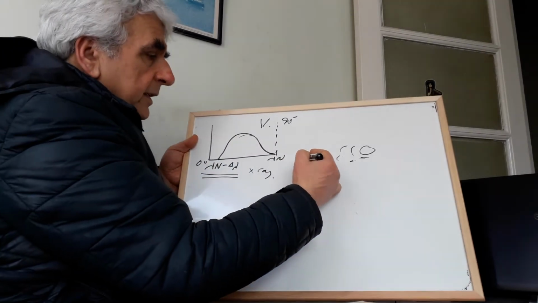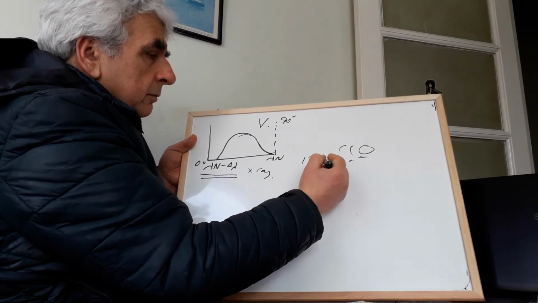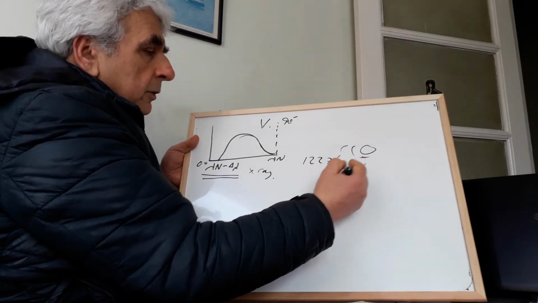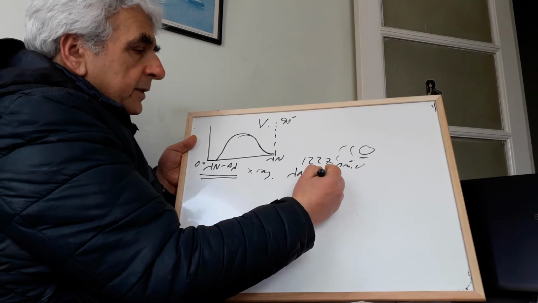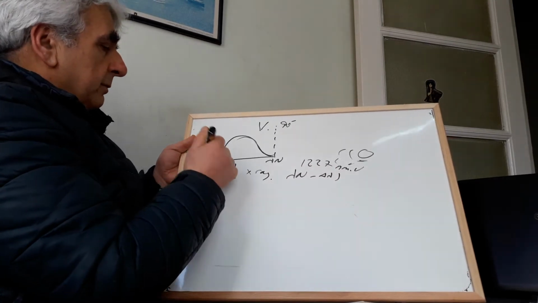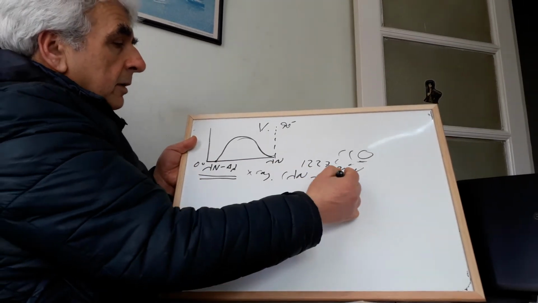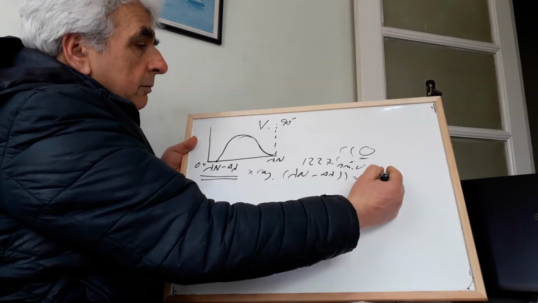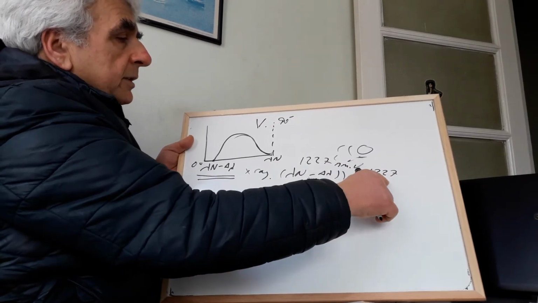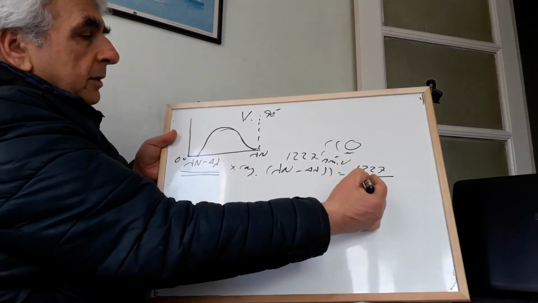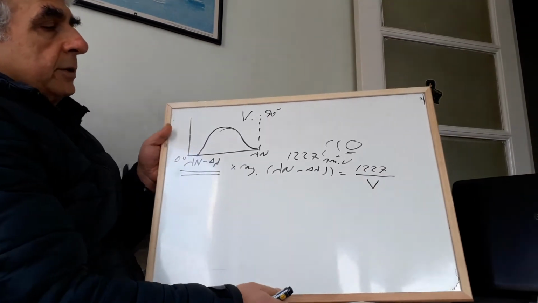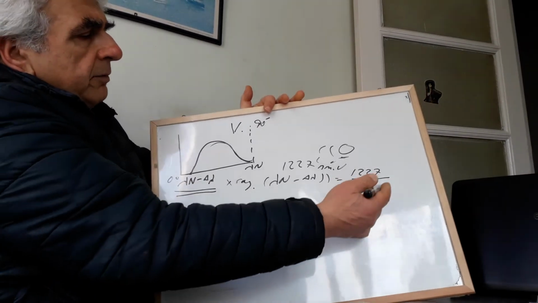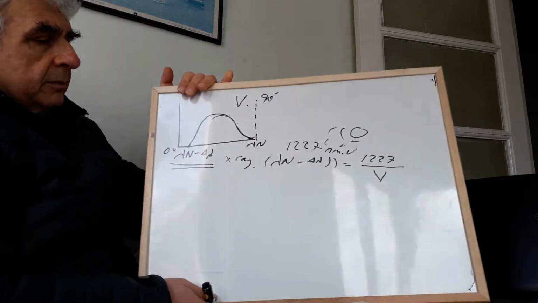And my constant is, or lambda_n minus delta lambda here, equal to 1227 divided by applied voltage. 10 kV, 20 kV, remember.